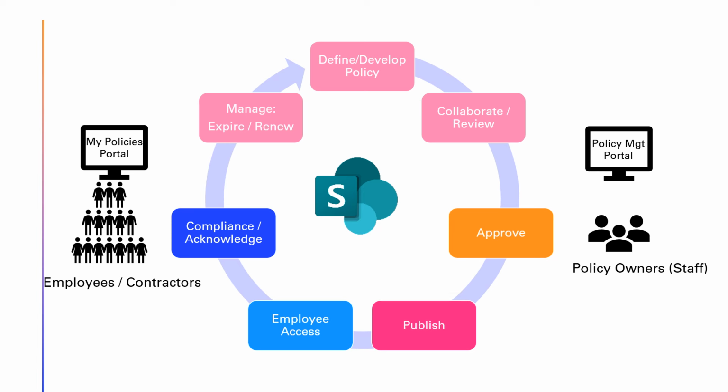And you can also have it send out notifications on expiration and so on to management. So all of this, by using SharePoint and automating policy management, can make life a lot easier and much more productive for those that have to manage the policies, and make everything much more accessible and less frustrating from the employee side.